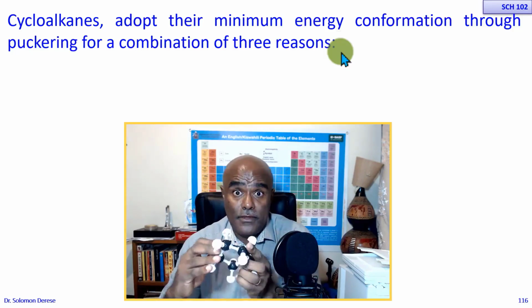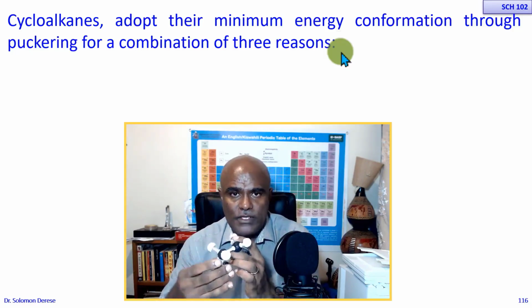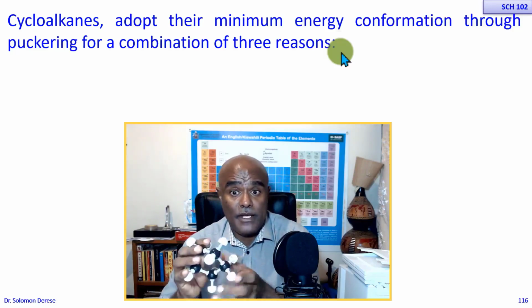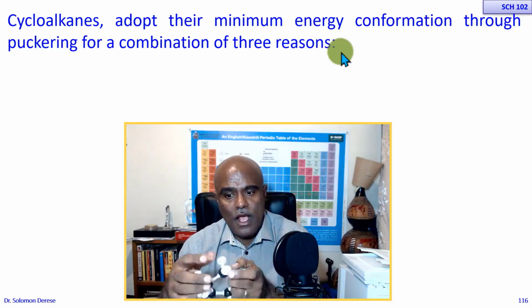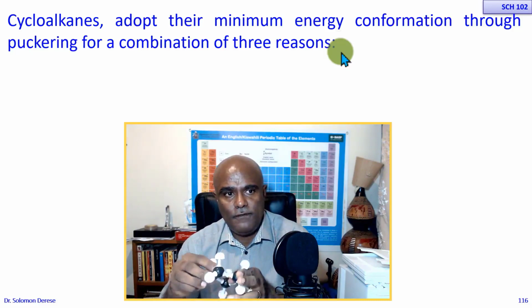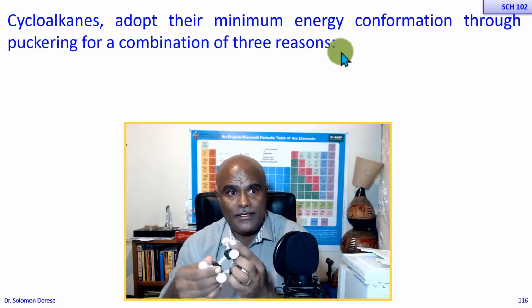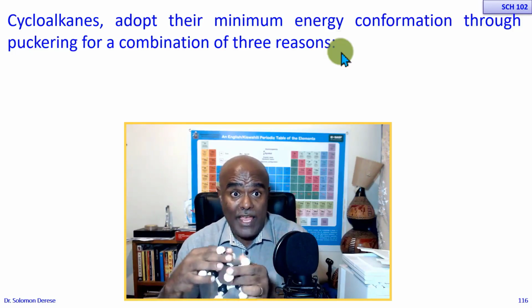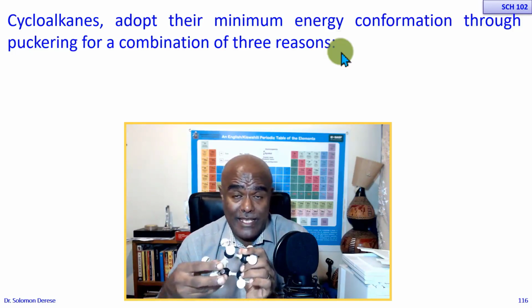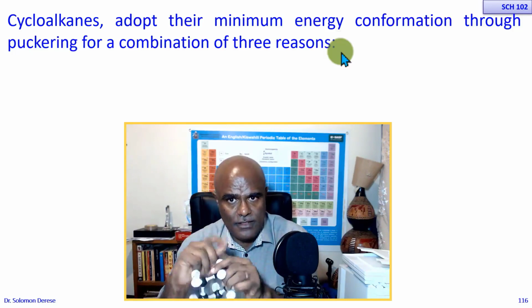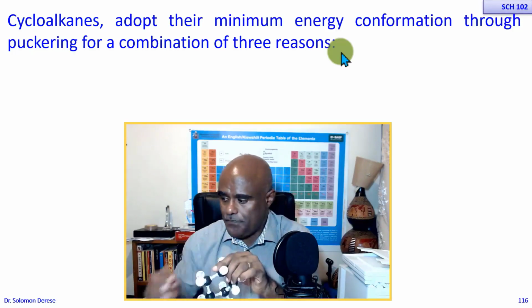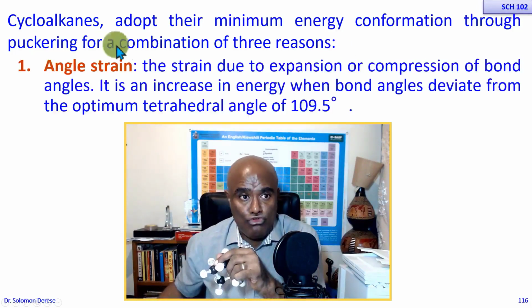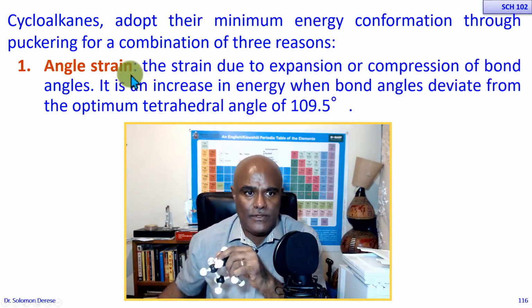Cycloalkanes, through rotations across their carbon-carbon single bonds, adopt different puckered conformations. And the reason why they are doing this is for three reasons. One of them is to relieve the angle strain.